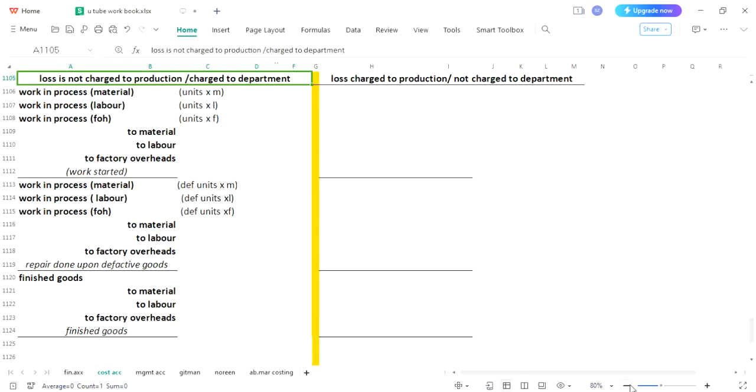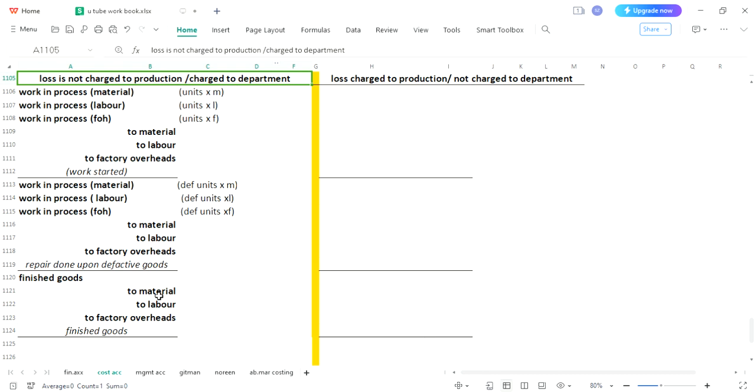In defective goods, there are three entries. First, to start your work upon the total number of units, then the damaged units you have repaired, and then the number of finished goods present over here. So for finished goods, how would you write them over here?